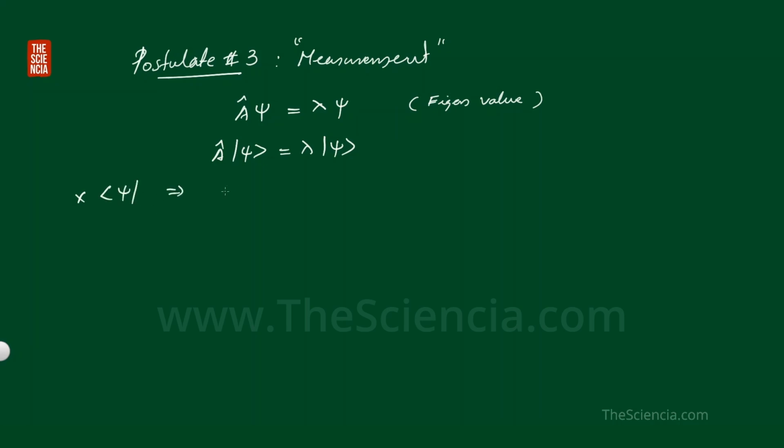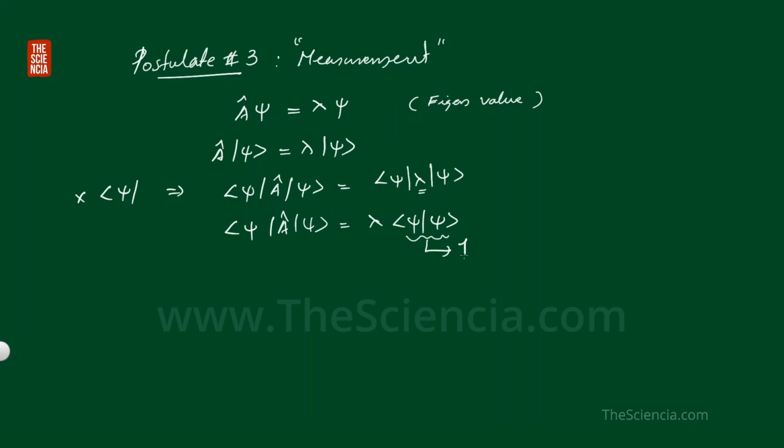So what will we get? We will get bra psi operator A ket psi is equal to bra psi lambda ket psi. Here lambda is a constant value, so we can take it outside. That is, bra psi operator A ket psi is equal to lambda bra psi ket psi. What is this one? This is nothing but equal to 1, right?